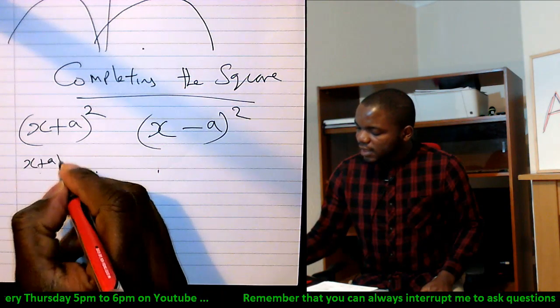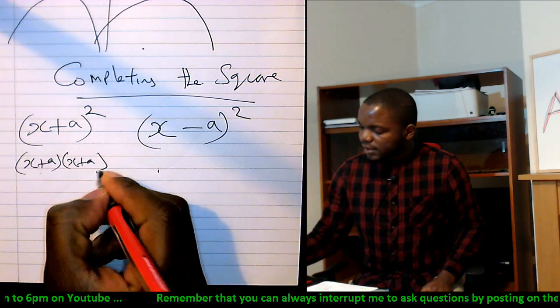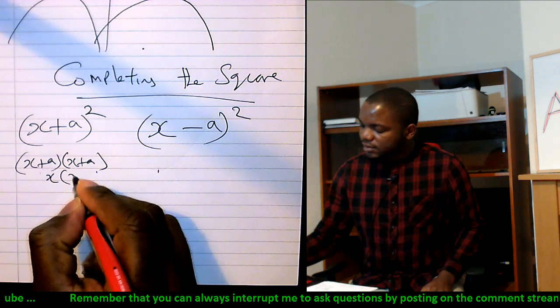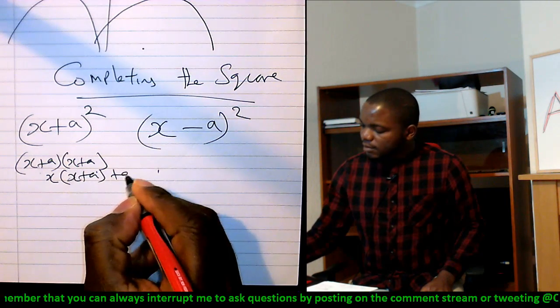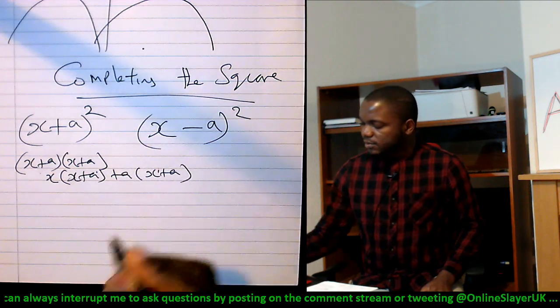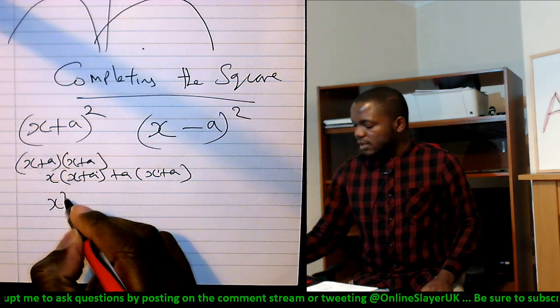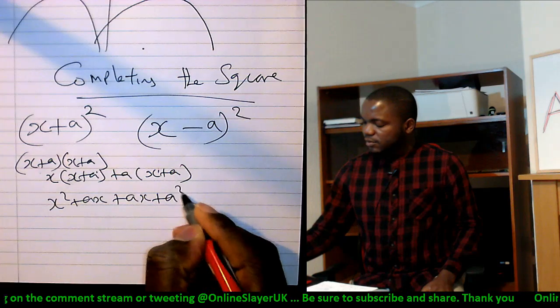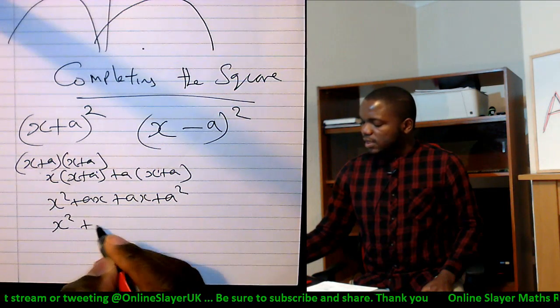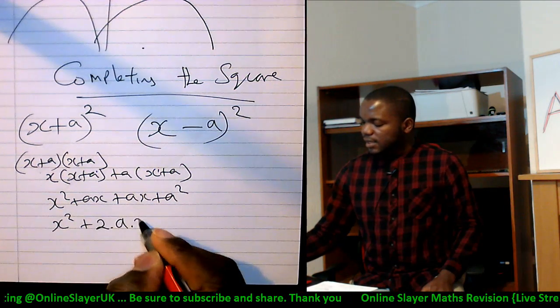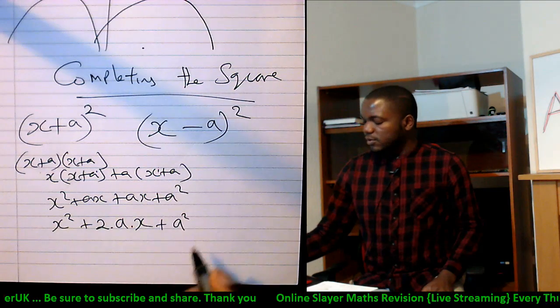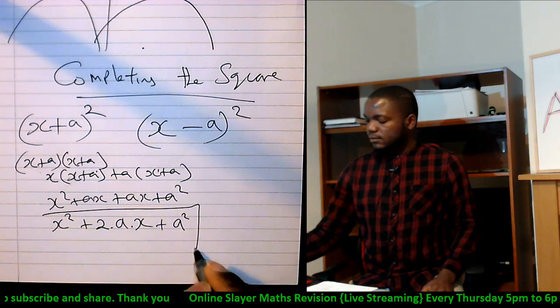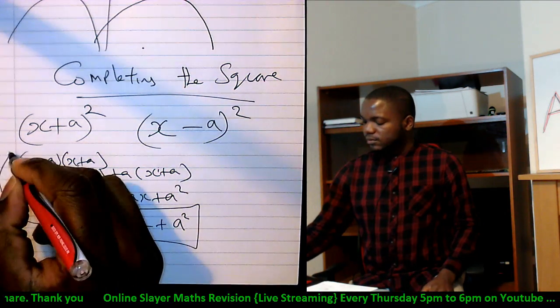Let's square this out. x plus a times x plus a, that's going to be x into x plus a into x plus a. x squared plus ax plus ax plus a squared, and that gives x squared plus 2ax plus a squared. That's for this one.